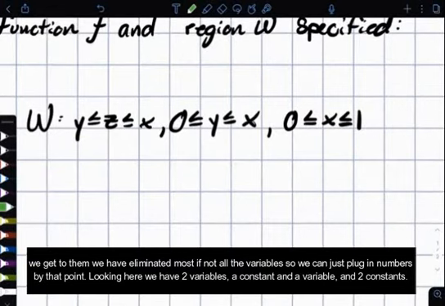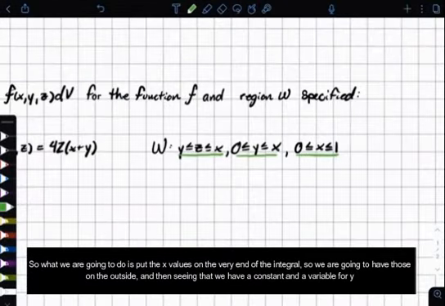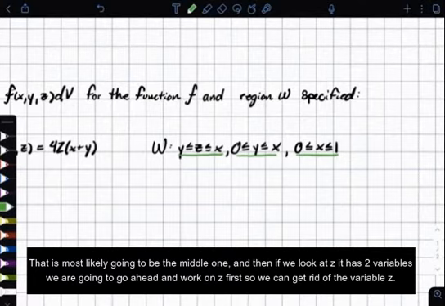Here we have two variables, a constant and a variable, and then two constants. So we're going to put the x values on the outside, the y values in the middle since y has a constant and a variable, and for z, since its limits are both variables, we'll work on z first so that we can get rid of the variable z.